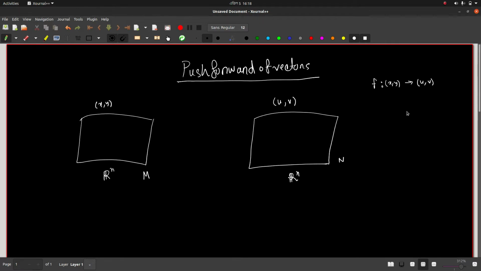Okay, so what happens is that points on manifold M get mapped to points on the manifold N.